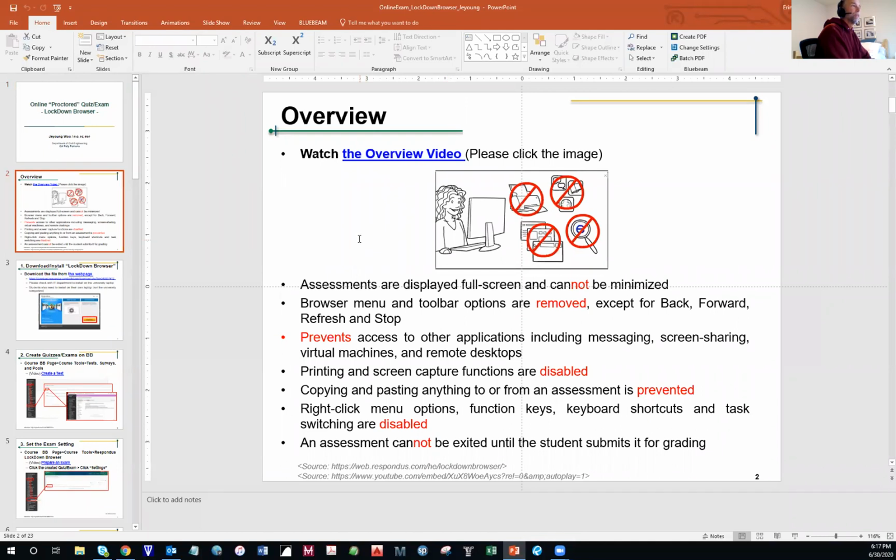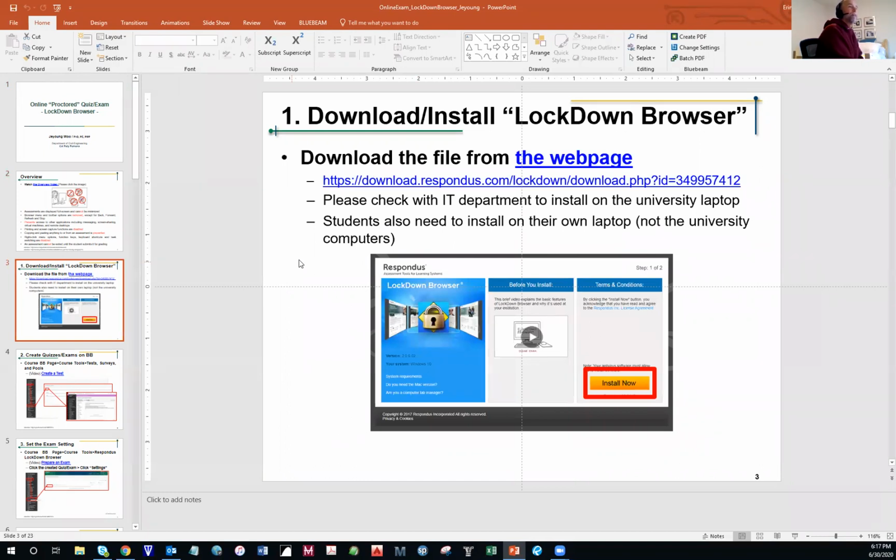It gives you an overview video, and then you download the file. Now you have to download it from here. Don't just go out to the net and download some random trial version copy. You have to download it from this link on this PowerPoint that I just gave you. When you do that, it downloads the Cal Poly licensed version of the lockdown browser. And then when you open it up, it will find the midterm because the midterm's been linked to the download. So use this to download it.